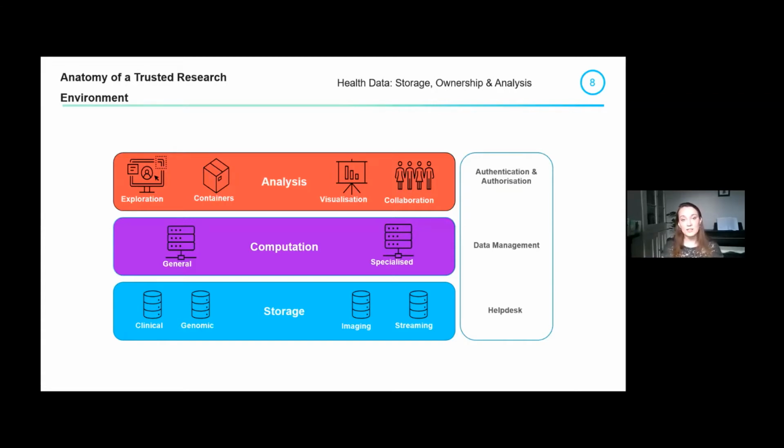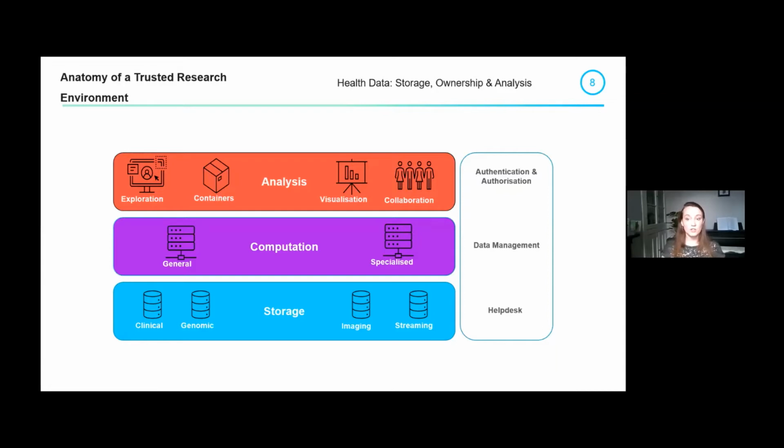So the analysis layer needs to be flexible enough to allow novel analysis scripts to be run alongside some of the more conventional tools. And it might include tools for exploration, containers to run scripts, visualization tools such as notebooks or dashboards, and other more specific components, depending on what is the aim.